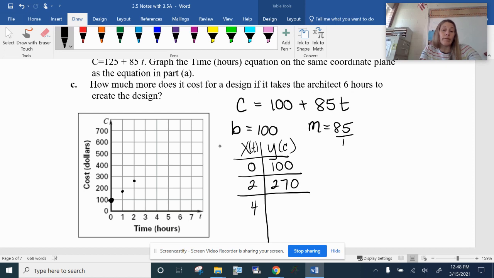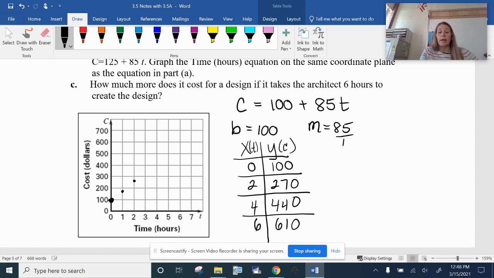Or maybe I want to put in a 4. You could definitely use your calculator for these as well if you have larger numbers. So 85 times 4, and then I'm going to add 100 to that would be 440. And then maybe I want to do 6. 85 times 6 plus 100 would be 610.